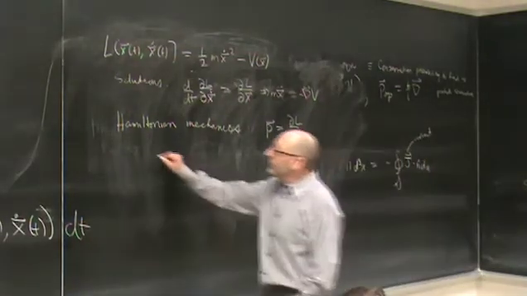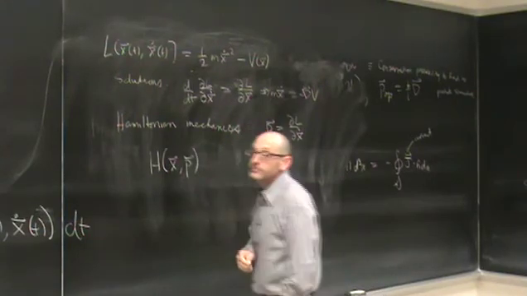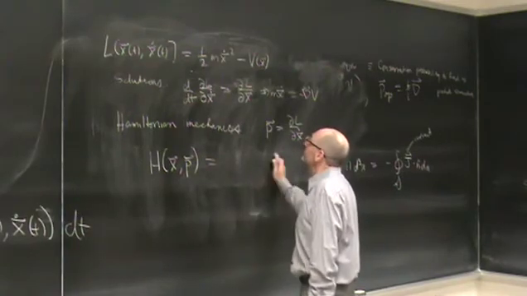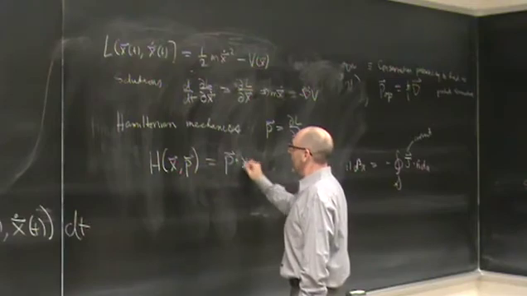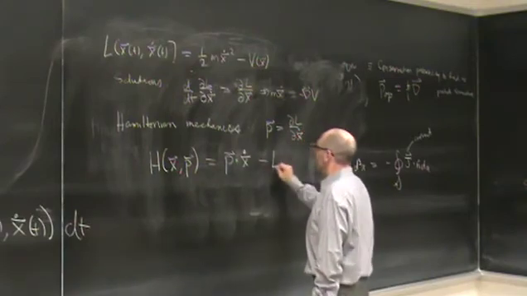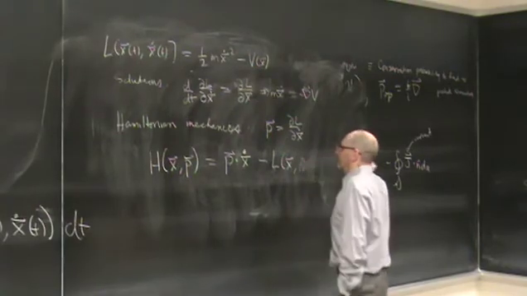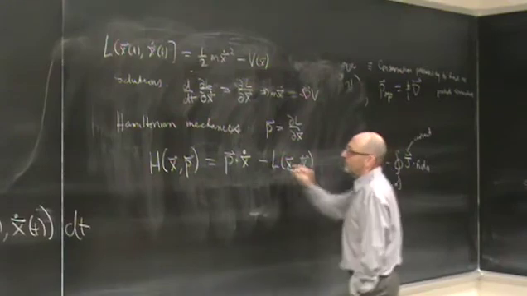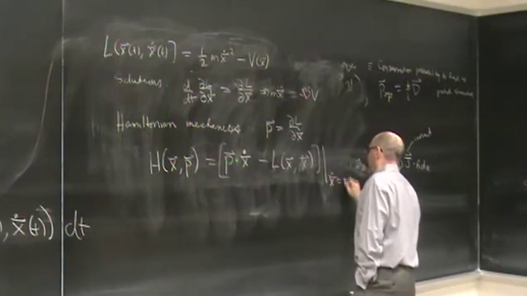And we define the Hamiltonian as a function of position and momentum as the canonical momentum dotted into x dot minus the Lagrangian evaluated at x dot.